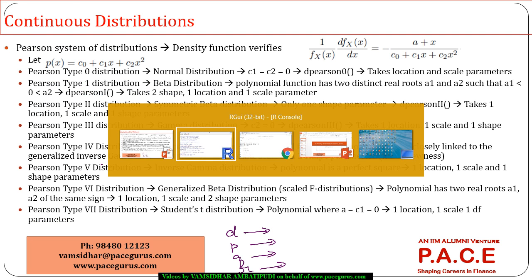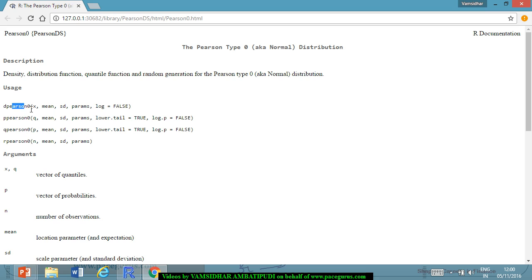If you see here, dpearson0 is the density function. These 4 functions do these 4 things. The first one gives me the density. Then the second one is the distribution function, which is the cumulative distribution function, CDF.